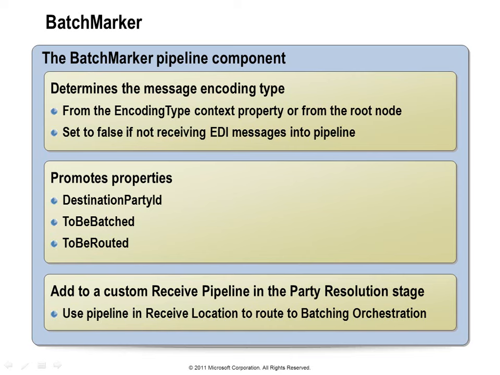That way it's going to occur after any message disassembly, after the message has already been matched up to its schema and we have the context information, such that the batch marker component can find all the information it needs in the message or in the message context to go out, look up the configurations, figure out what properties to promote and how in order to do its job.